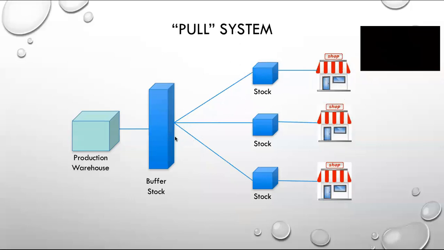This, as I said, is more flexible. So if for some reason this shop here suddenly had a spike in sales, we'd be able to move more inventory from the buffer stock to this stock here. Now, obviously, with a push system, this isn't possible because we have larger lot sizes. But that's how it works here.